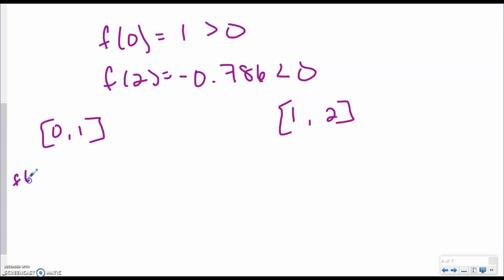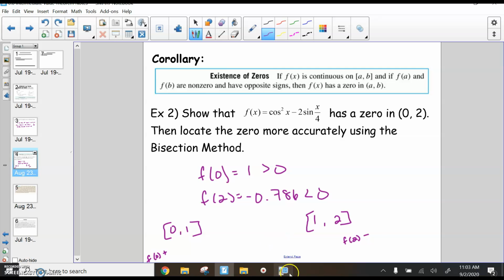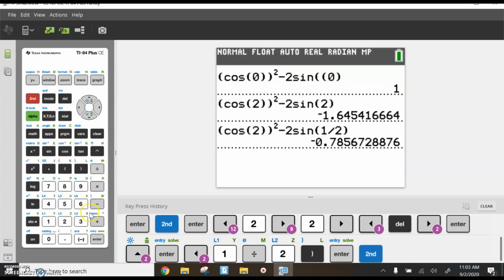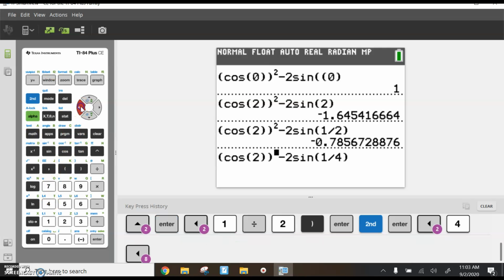So f of 0 is positive, f of 2 is negative. I'm going to go ahead and plug in 1 and see what happens. So I'm going to go back to my calculator. I'm going to hit second and then enter. And then I can change these, because I'm plugging in 1, without retyping everything.